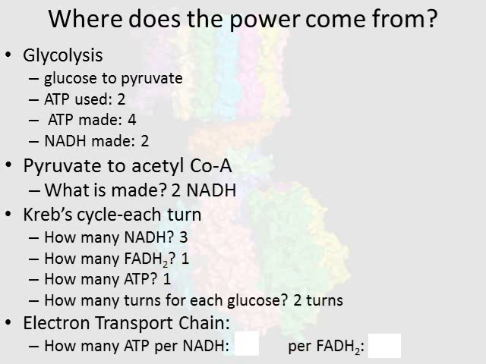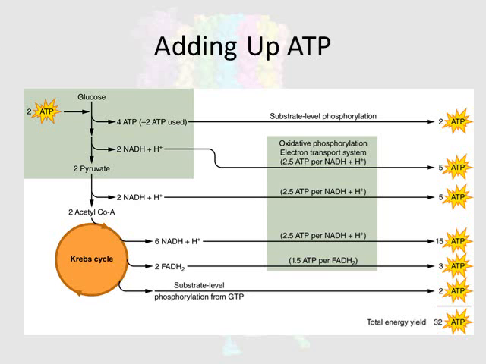Finally, in the electron transport chain, for every NADH molecule we get 2.5 ATP, and for every FADH2 we get 1.5 ATP. That's because the FADH2 drops off the electrons and hydrogens later in the electron transport chain, so it doesn't have as much time to build up as much hydrogen in that concentration gradient.